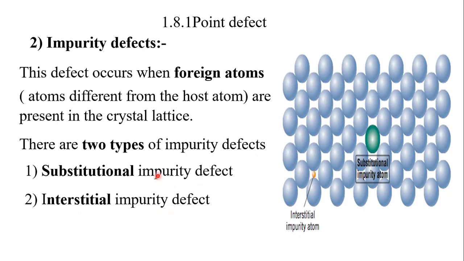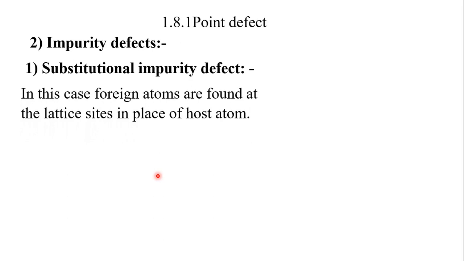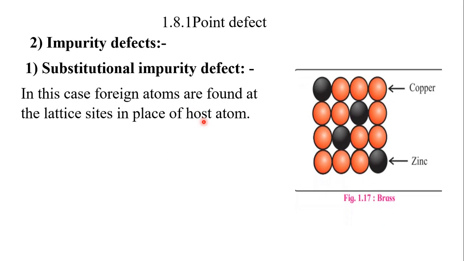So let us see first the substitutional impurity defect. In substitutional impurity defect, foreign atoms are present at the lattice point. That means in this case foreign atoms are found at lattice sites in place of host atoms. So that means what? They displace the host atom.